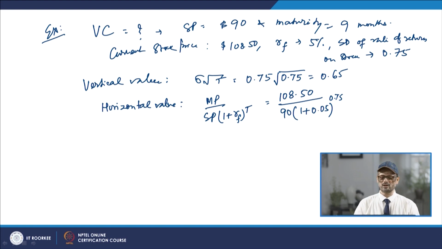If you calculate that, it will be 1.25. Now you will be given a table, and from that table, with the vertical score of 0.65 and the horizontal score of 1.25, you have to find the percentage share price, that is PSP.